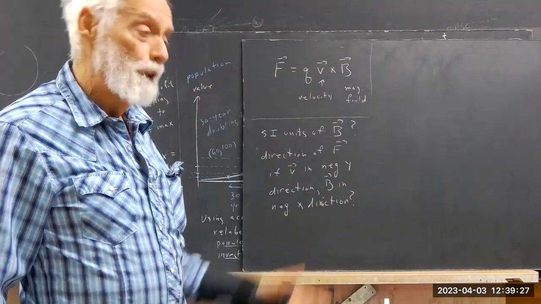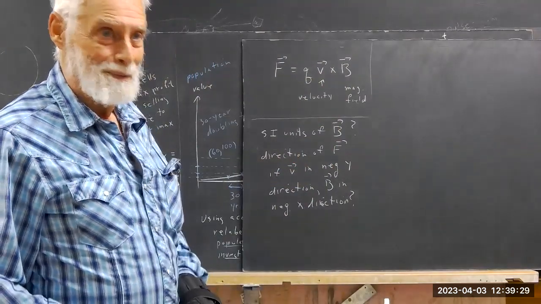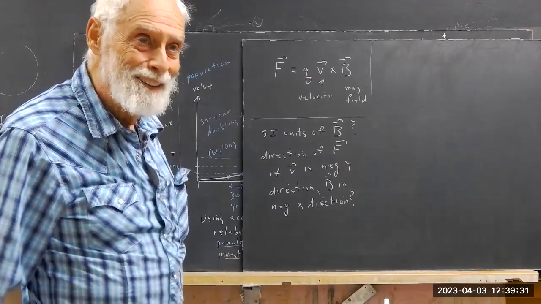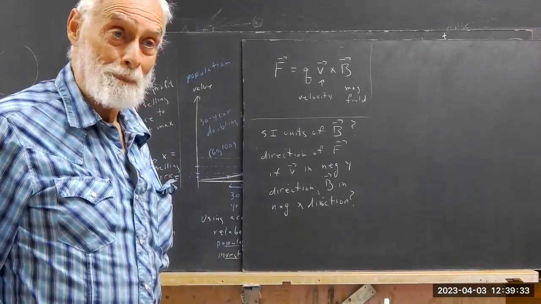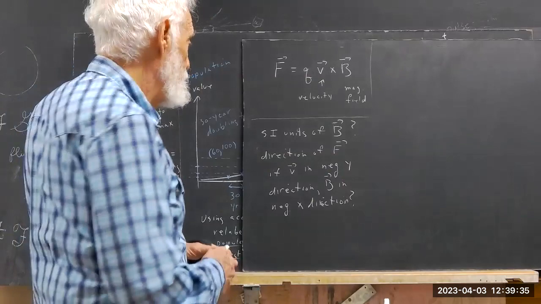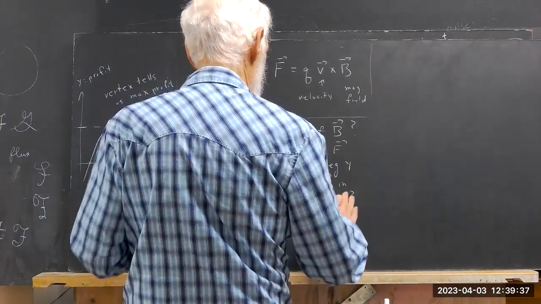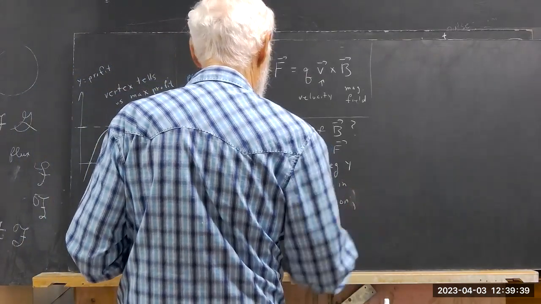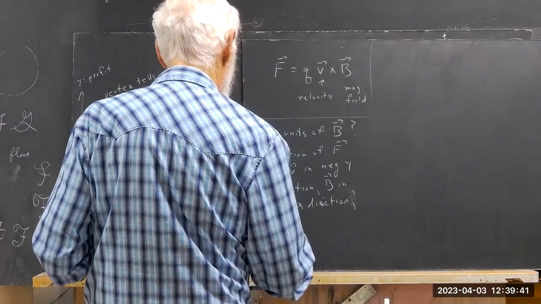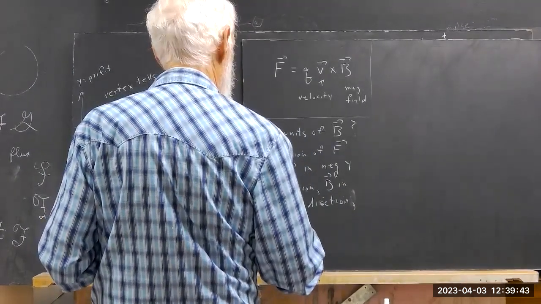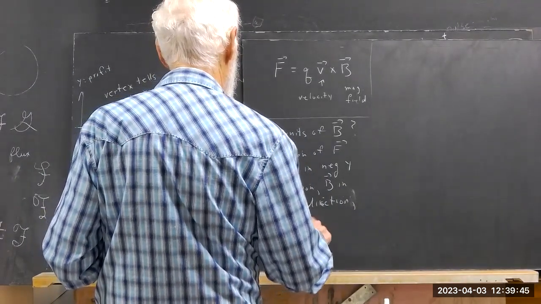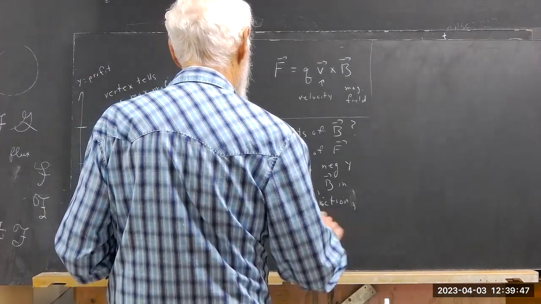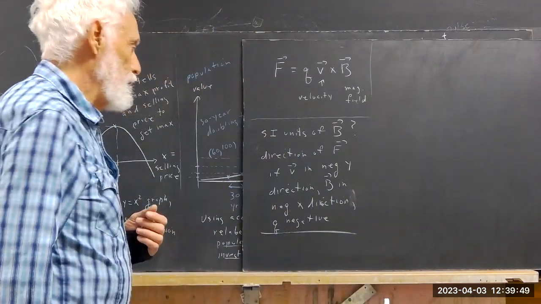Don't even do that, though. Just use your right hand and figure out what the direction is. Then I guess I should say, let's let Q be negative as well.